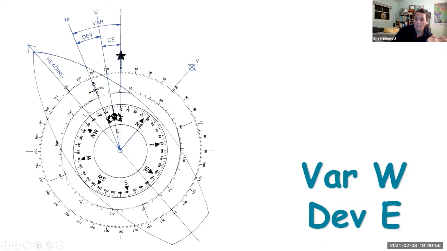But then our compass on board is still to the west of true, but a little bit to the east of the magnetic North Pole. So our deviation comparing our compass to the magnetic North Pole is going to be east.